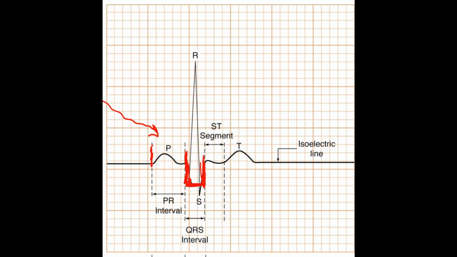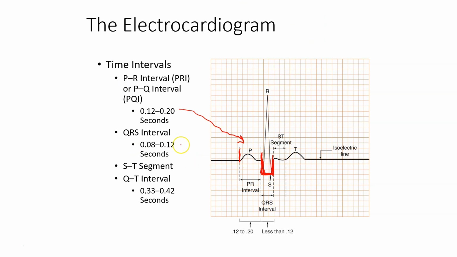We're going to count the number of blocks in here, and we're looking at this being 0.08 to 0.12. In some cases, you could see it at 0.06. Now, we're going to take a look at how we get these measurements in a minute.